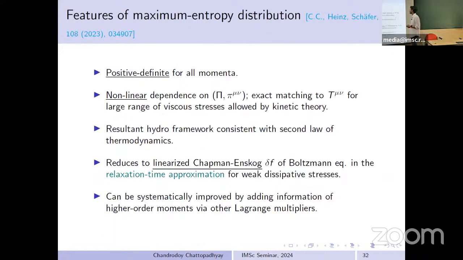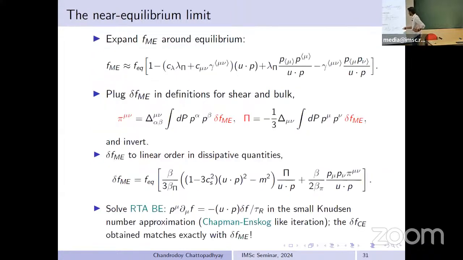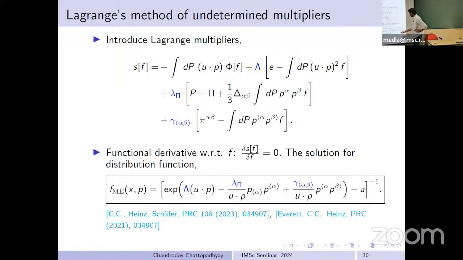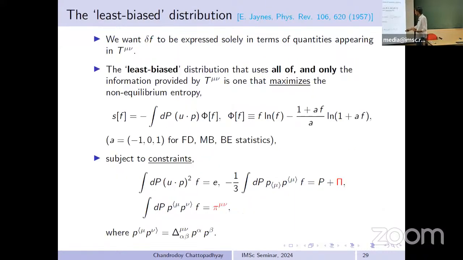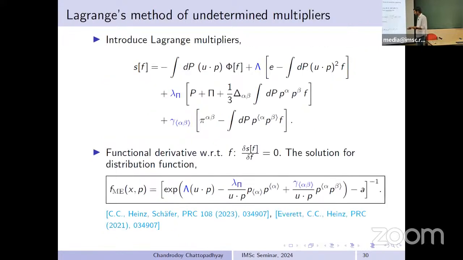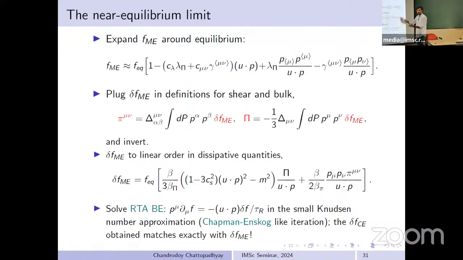So it has some nice features. It is positive definite for all momenta. The most important feature is it has nonlinear dependence on the non-equilibrium stresses, because all of these quantities can be thought of as functions of energy density, the bulk viscous pressure and shear stress tensor, which means if one writes it and then expands it, it will consist of all orders of the non-equilibrium corrections.